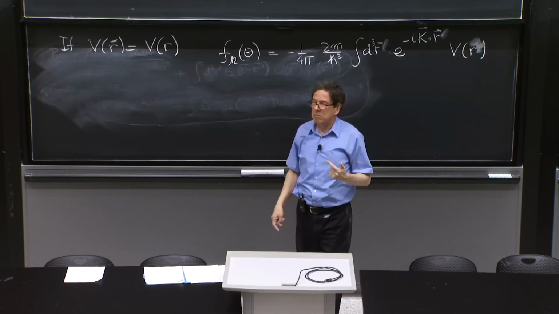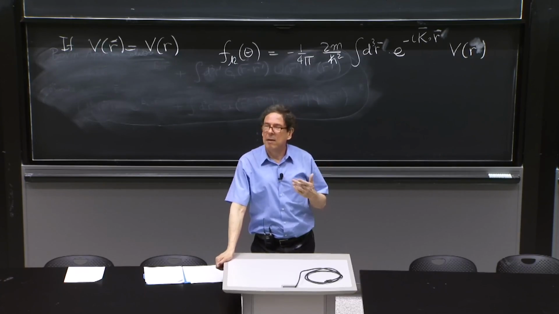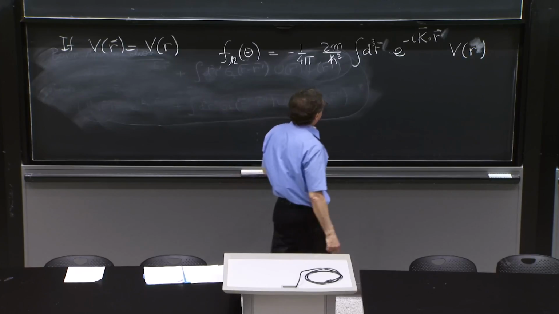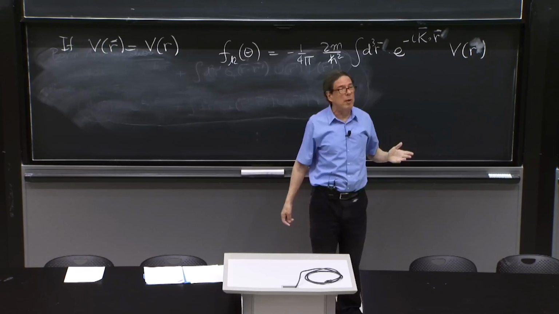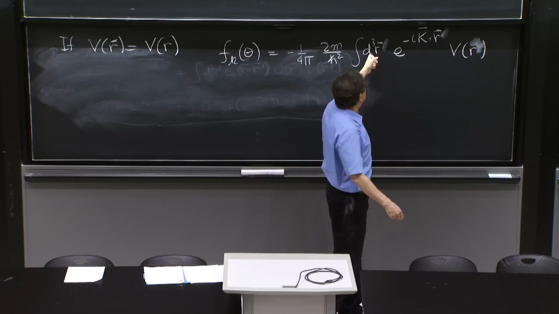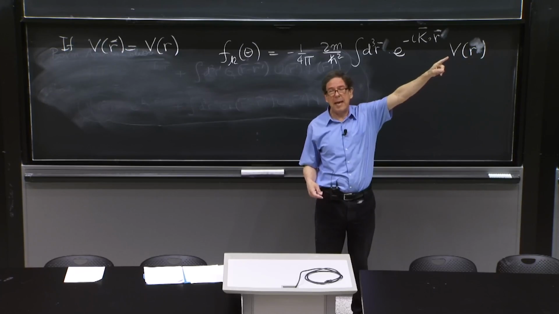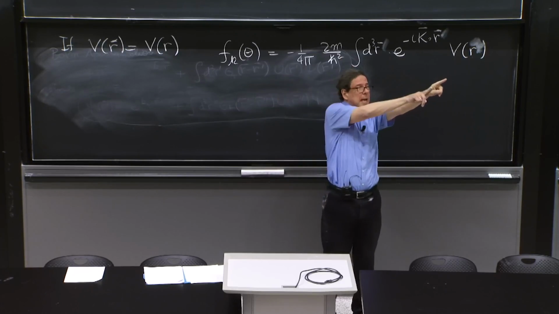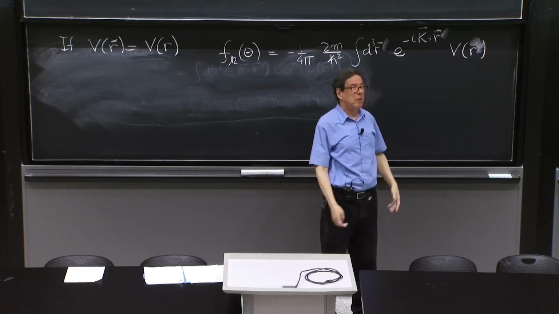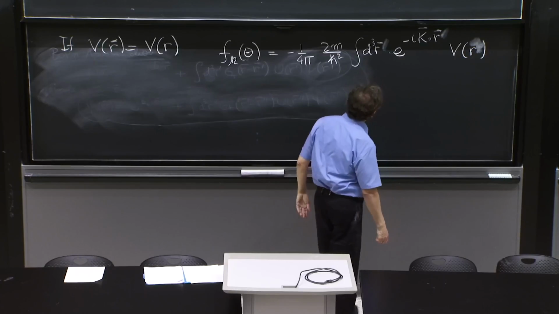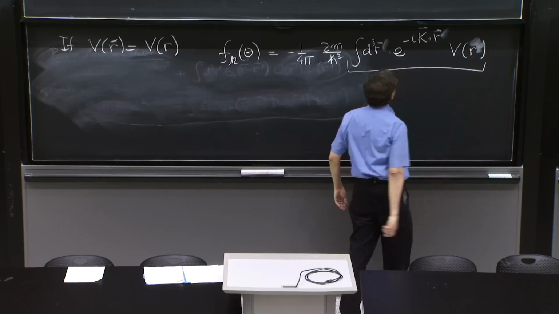But no, this integral doesn't depend on the direction of k. And it doesn't because you can choose your axis to do this integral whichever way you want. This is a dummy variable of integration. So if vector capital K points in this direction, you could choose the z-axis to go there, and that's it. It's only going to depend on the magnitude of that vector. So that's an important concept in here.